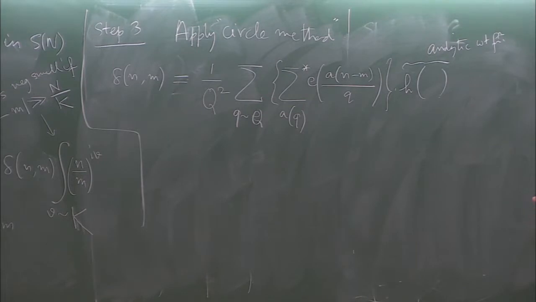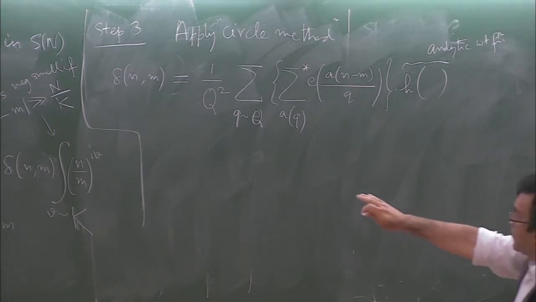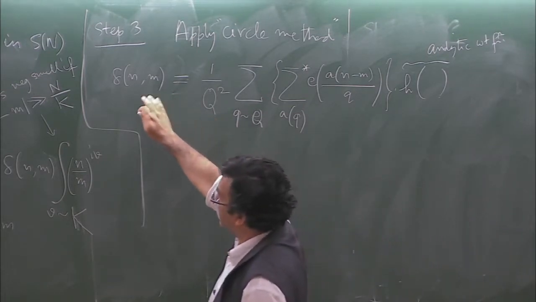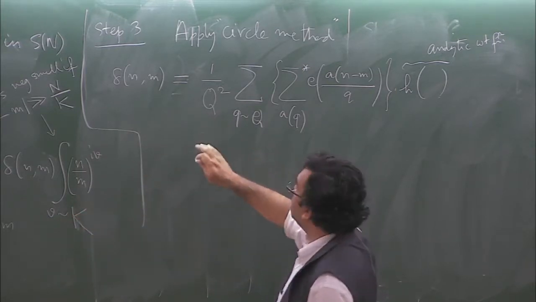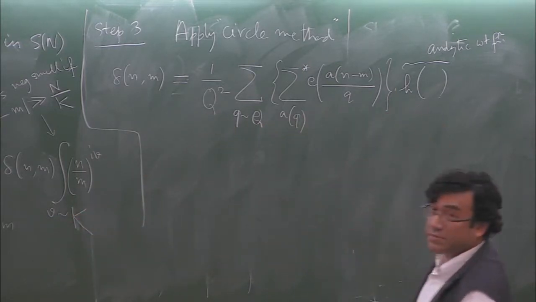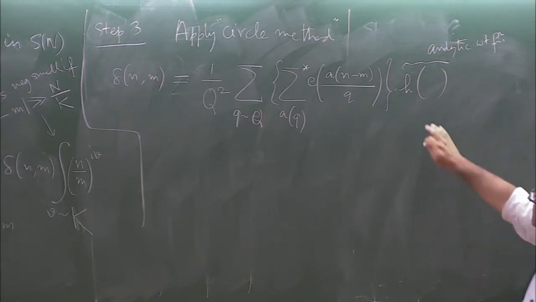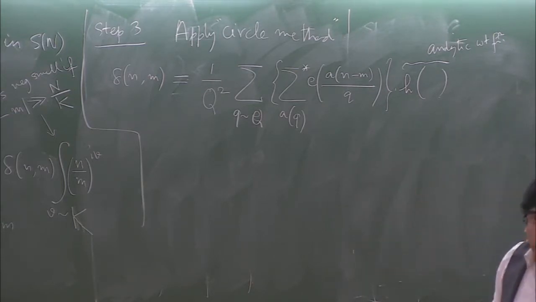Okay. And this expression is there for any choice of q. Okay, so whenever you have to detect n equals m, you can pick any q. It's up to you to choose, and you have this expansion. Okay, so I'm not writing down h explicitly, but you can write it down explicitly.